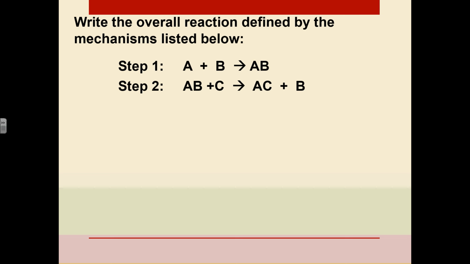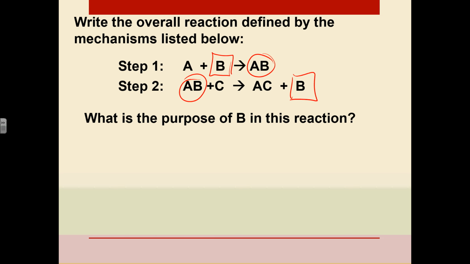One more reaction here. Write the overall reaction defined by the mechanism below. And this one's a little different. When I go to add this one up, I make AB and I use it up. But B is in the beginning and then it's spit out again at the end. That's a little different. So the purpose of B is that B is a catalyst.